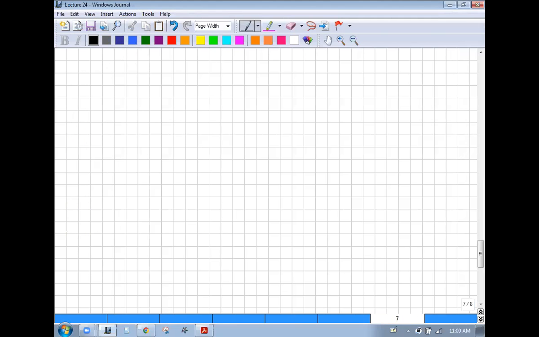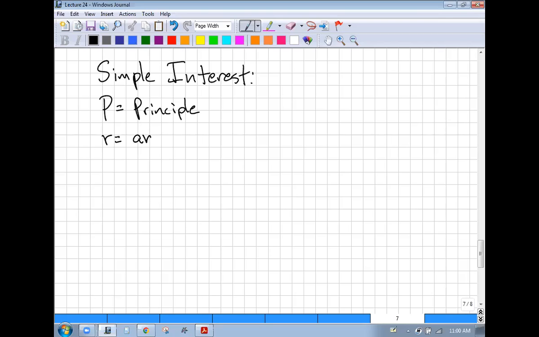Let's look at simple interest. So let's say P is the principal. Okay, we'll use R for the annual interest rate. Annual, that means every year.